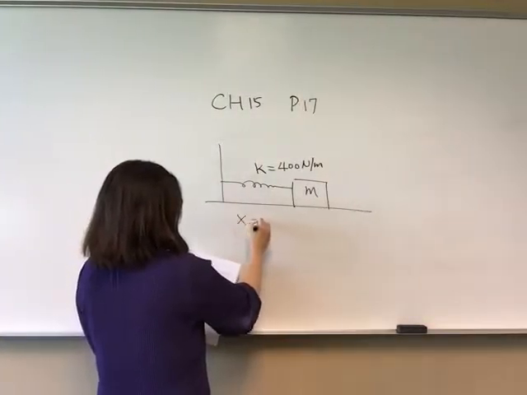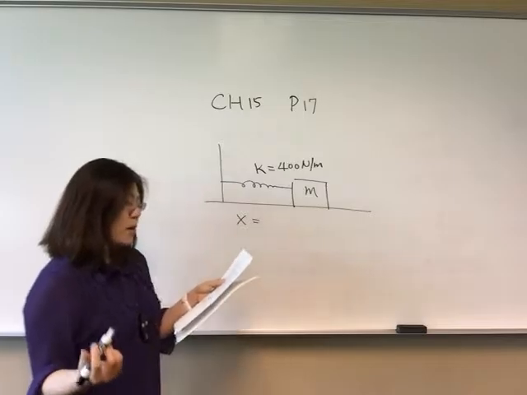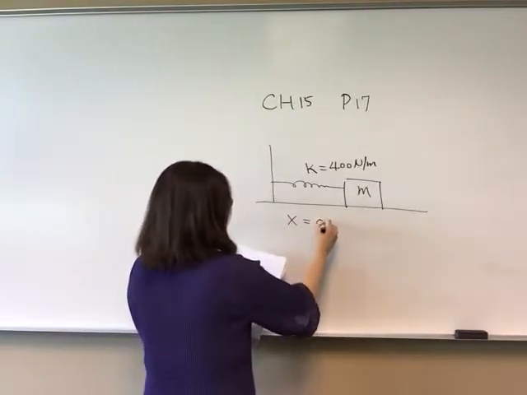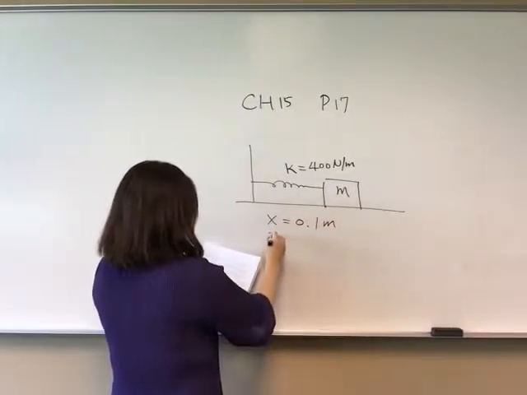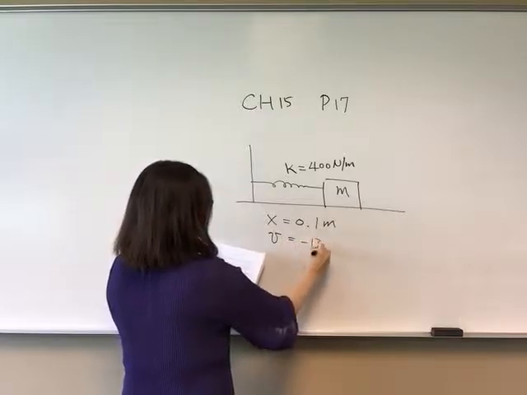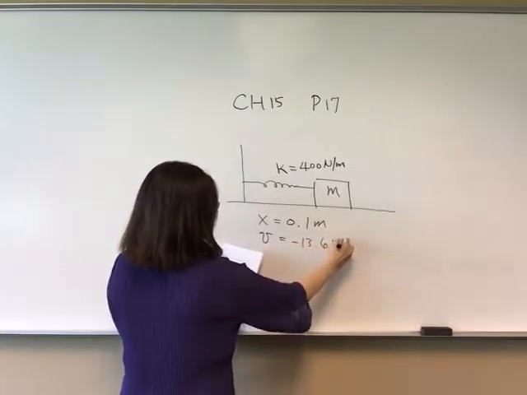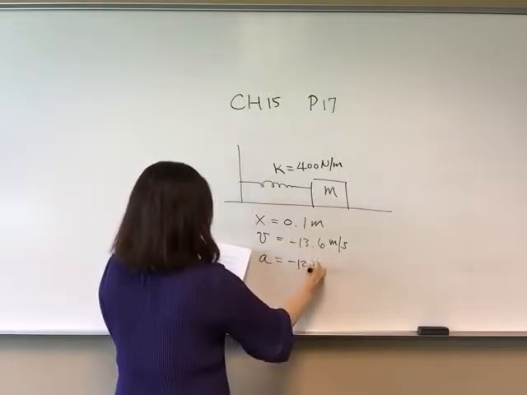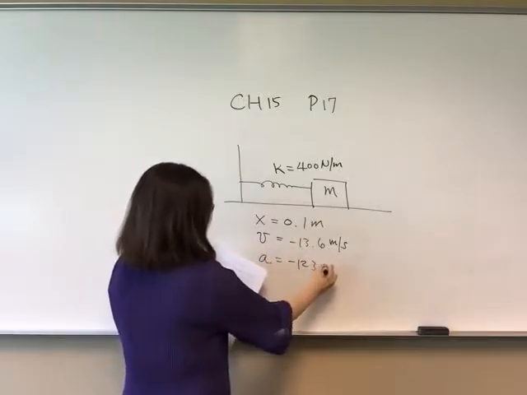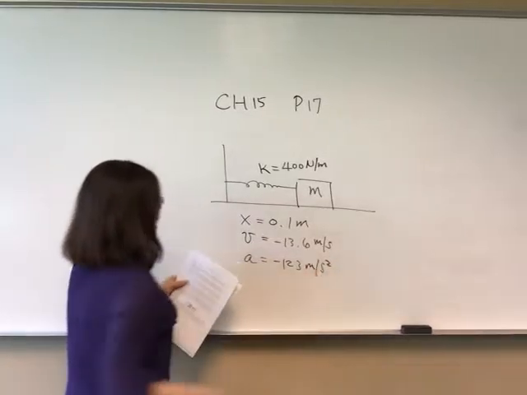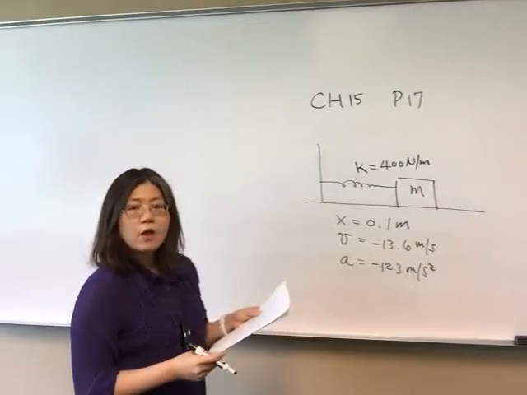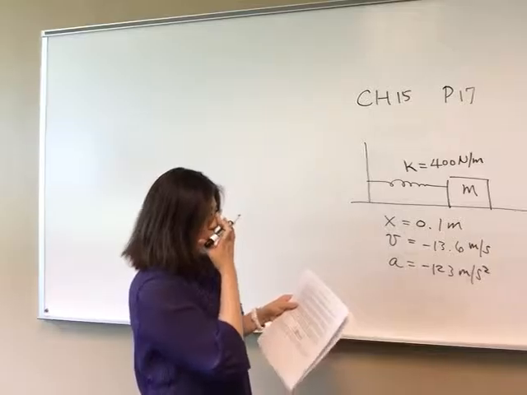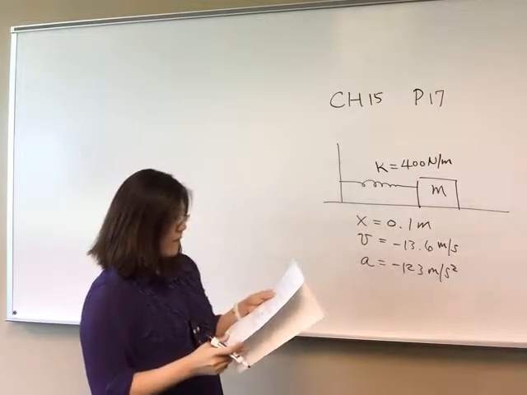So at some point, your x is equal to 0.1 meters, your velocity is equal to negative 13.6 meters per second, and your acceleration is equal to negative 123 meters per second squared.